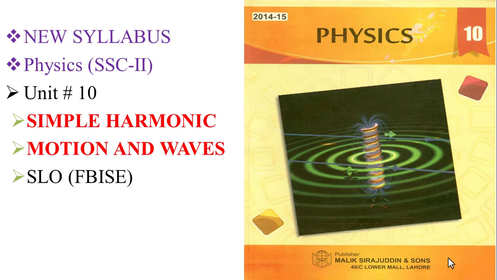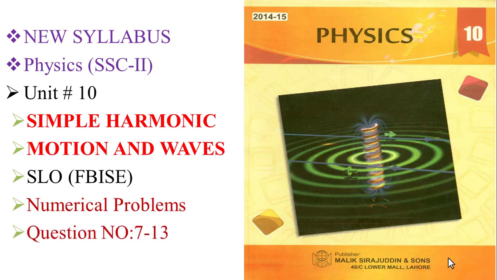Now for the conceptual numerical problems, question number 7 to 13, part 2. In part 1, we solved the SLO based numerical problems, question number 1 to 6. Today we will solve question number 7 to 13.